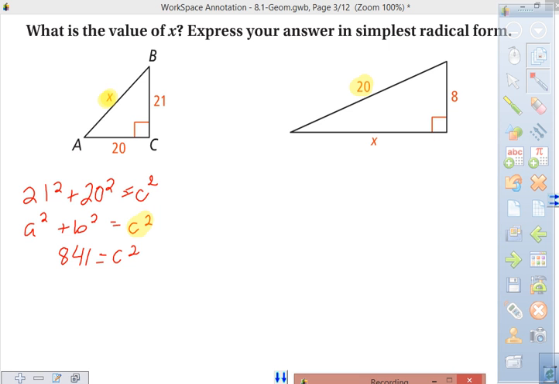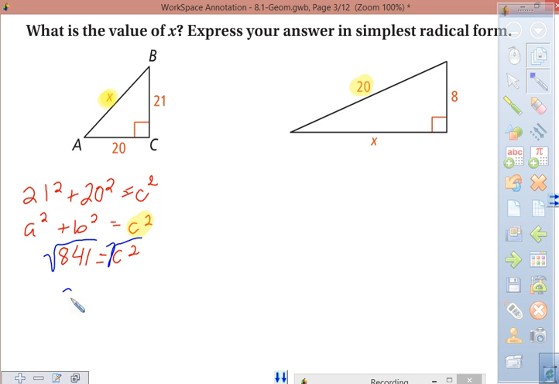So I get 841 equals C squared. Then to get rid of the square, I'm going to take the square root. What I do to one side, I do to the other, and I get 29 equals C. So that means that our longest side is 29.